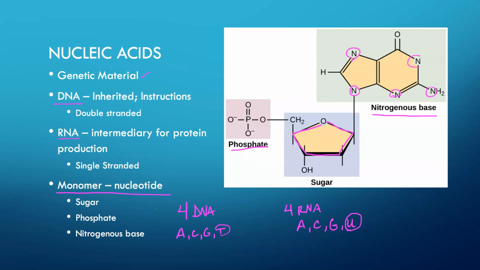DNA and RNA both have A, C, and G monomers, but DNA has a T monomer, whereas RNA has a U. The way we can think about that is, when we talked about proteins, we said there were 20 different amino acids, so there are 20 different types of monomers. For DNA, there are only 4 different types of monomers, and for RNA, there are 4. So this part here, the part that says nitrogenous base, is the part that's going to be different depending on whether we're looking at an A or a C or a G or a T monomer.